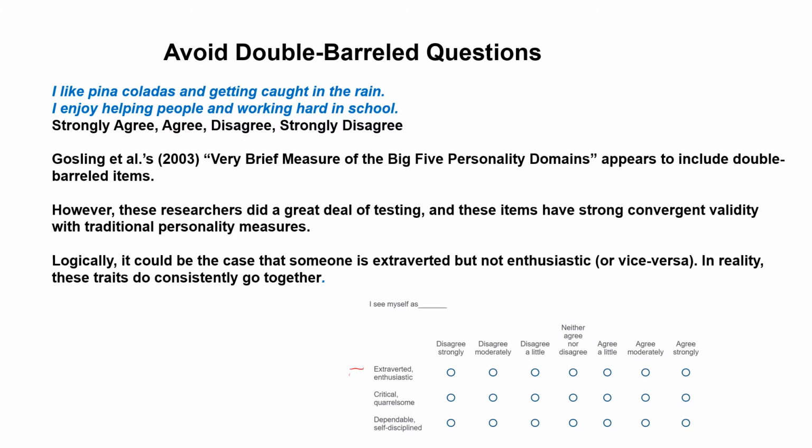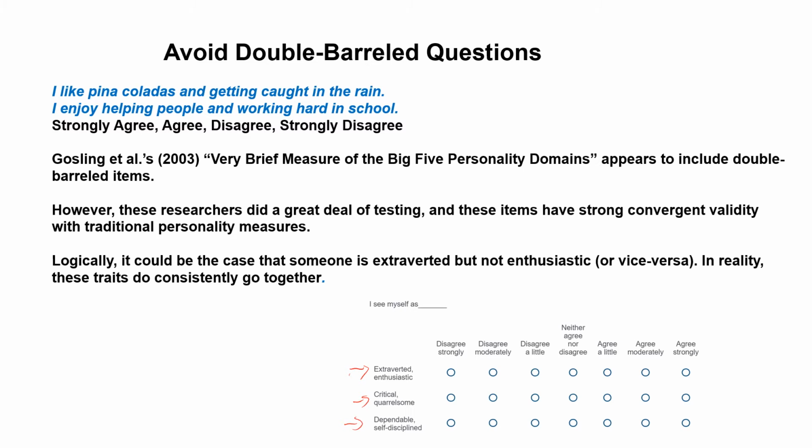I see myself as extroverted and enthusiastic, critical and quarrelsome, dependable and self-disciplined. There is a potential for someone to not agree with both of these. However, they normally go together. You're rarely going to find someone who's truly extroverted and not enthusiastic at the same time, which is why they ask these together.